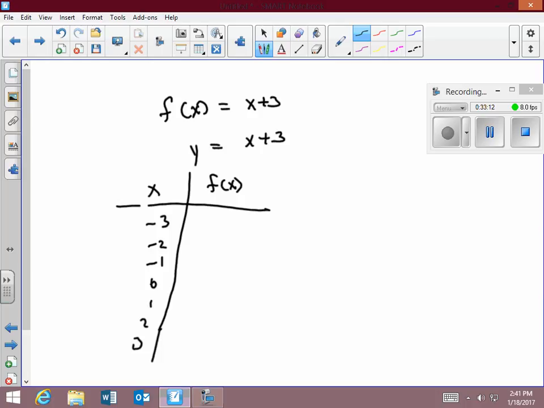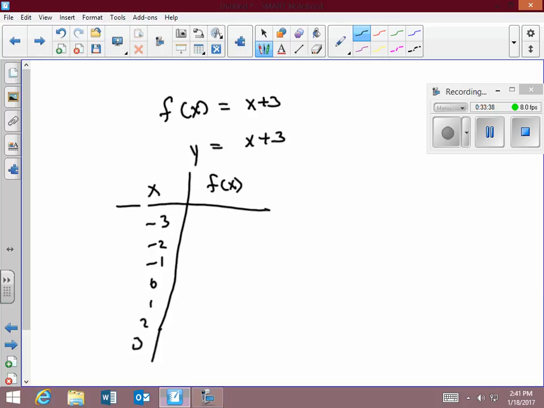Now that's not a really good method of trying to figure out what the graph looks like, but it's how you do it if you're trying to do graphing. Okay. And that's what they're telling you there.